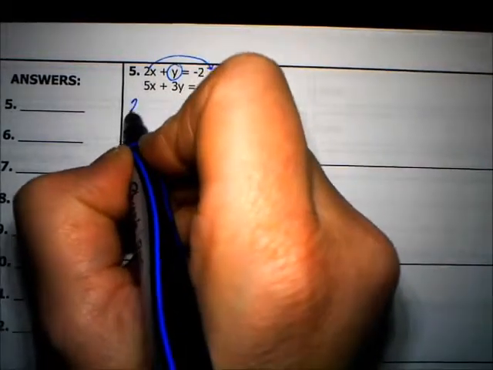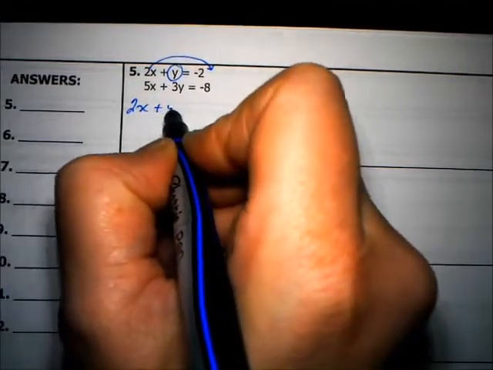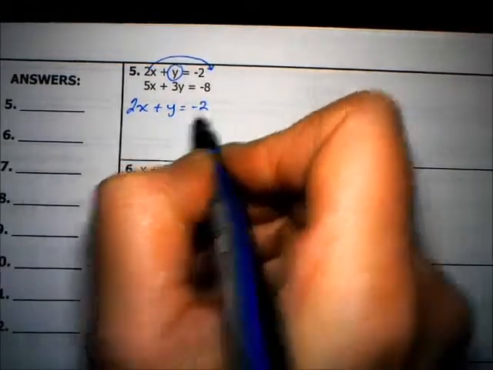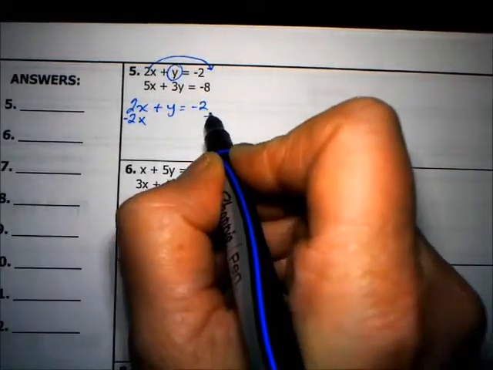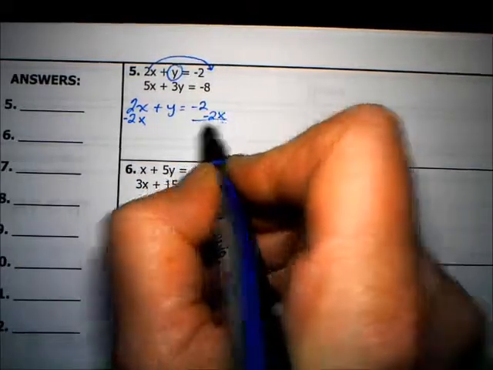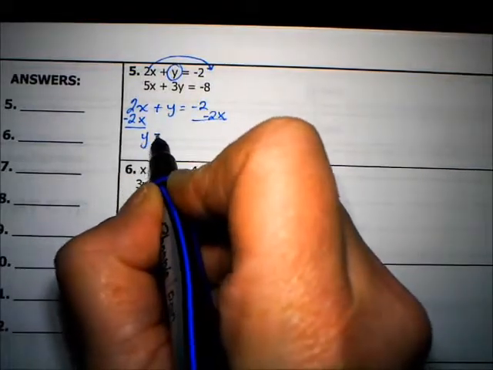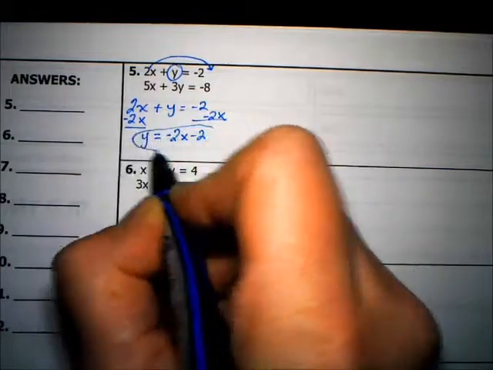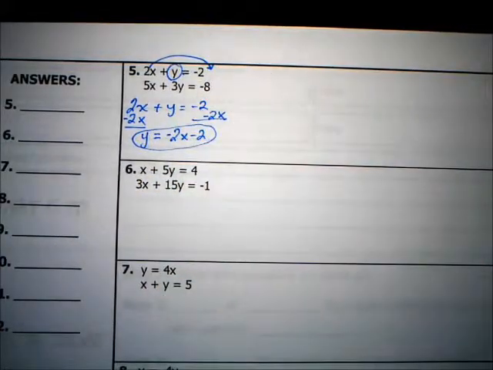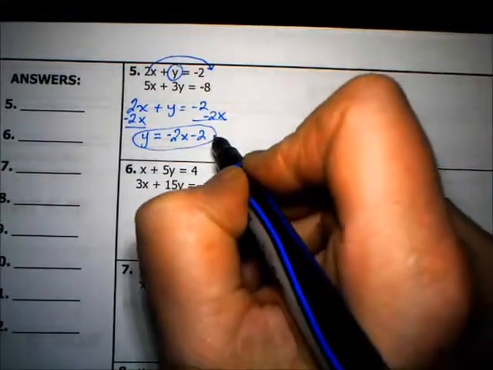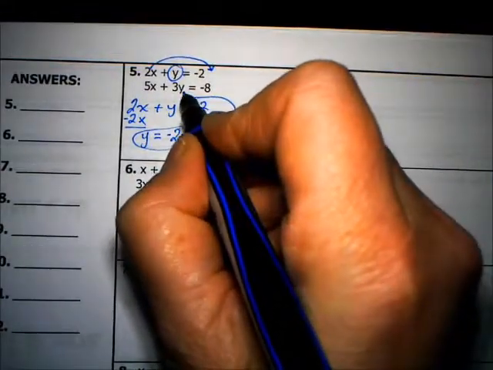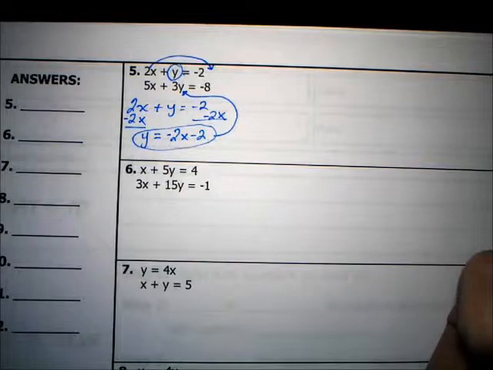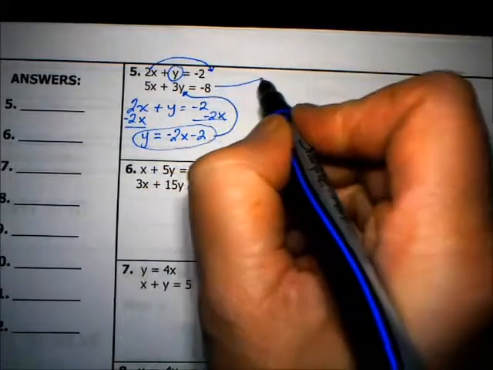So if I write that right below here, I'm going to subtract the 2x, and that gives you y is equal to, and I'm going to have -2x minus 2 is my new equation for this first one. Well, that means I've got to take this now and plug it in for the y right there.